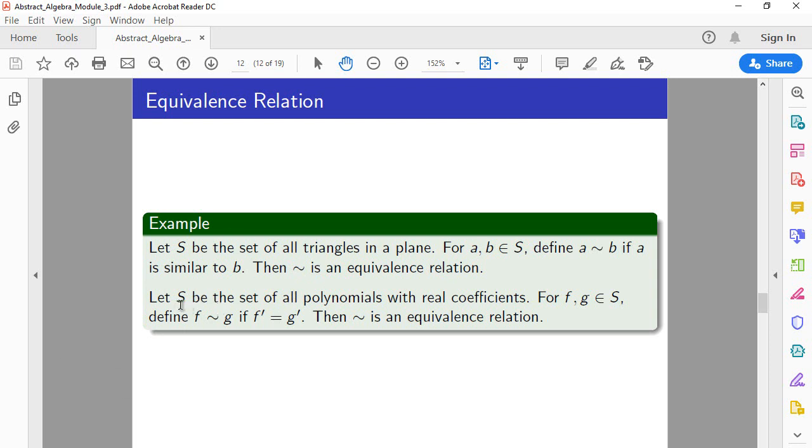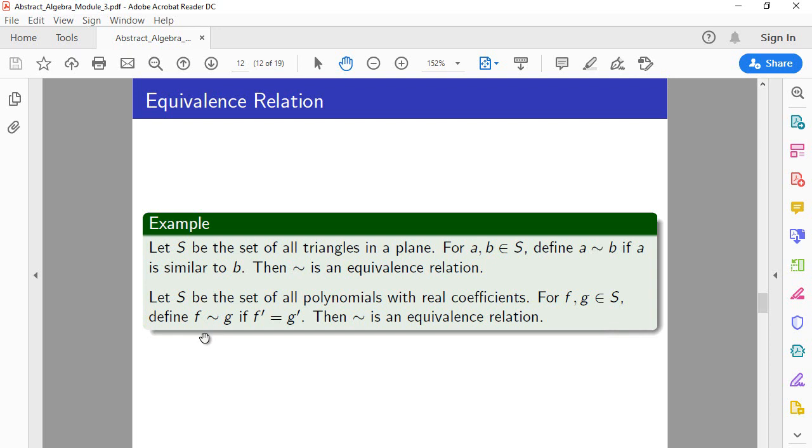Another example here: S is the set of all polynomials with real coefficients, and for polynomials f, g in S, define f tilde g if f and g have the same derivatives. This is also an equivalence relation that you can check, because clearly f is related to itself, since f and f have the same derivatives. It's symmetric because if the derivative of f and the derivative of g are the same, then the derivative of g is the same as the derivative of f.